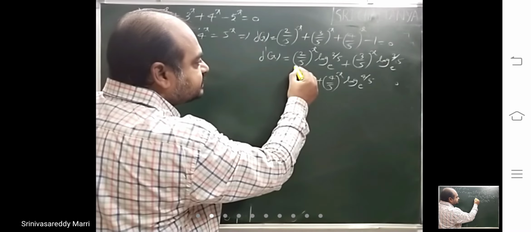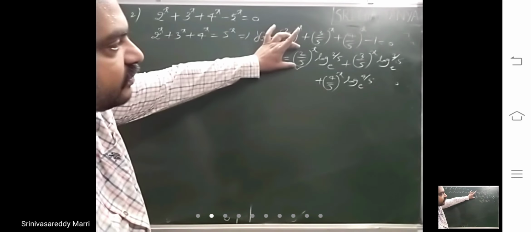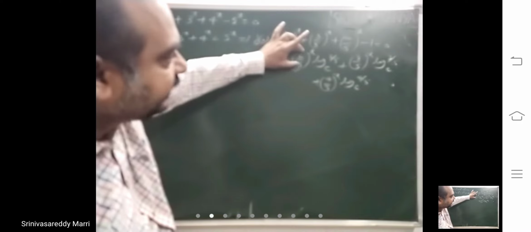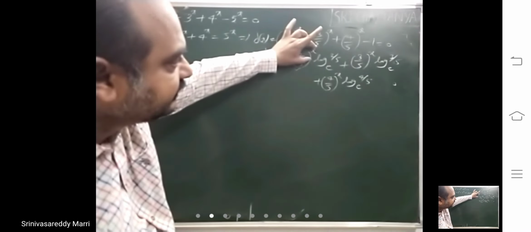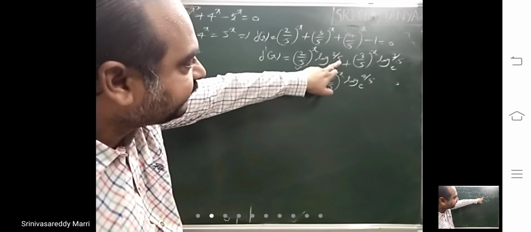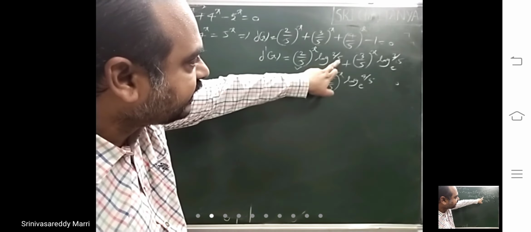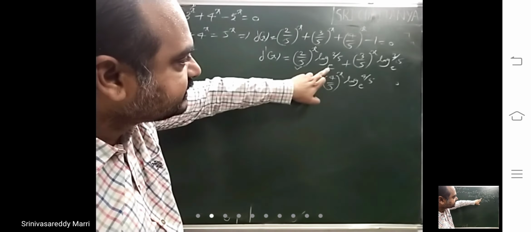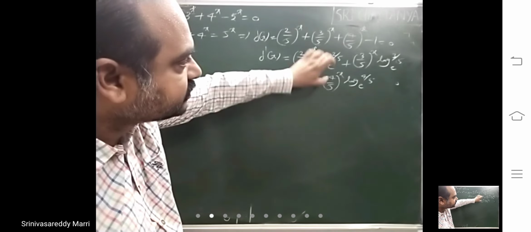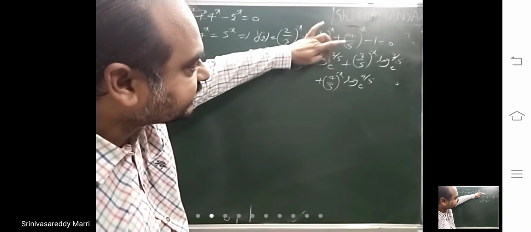Now you can observe 2 by 5 to the power x is positive, and log 2 by 5, where 2 by 5 is 0.4 and e is 2.72, will be negative because this is lesser than this.